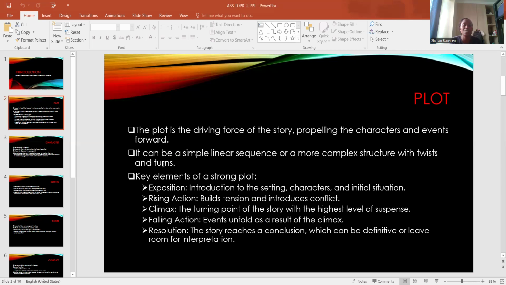It can be a simple linear sequence or a more complex structure with twists and turns.